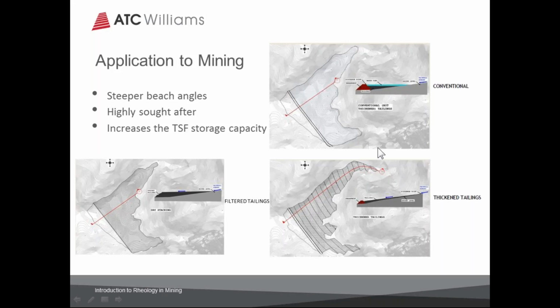If we are able to increase the concentration of the tailings material, we will be able to increase the slope of the beaching material. That means we will be able to increase the storage capacity of the storage facility, and that's a really important part of mining to be able to do that.